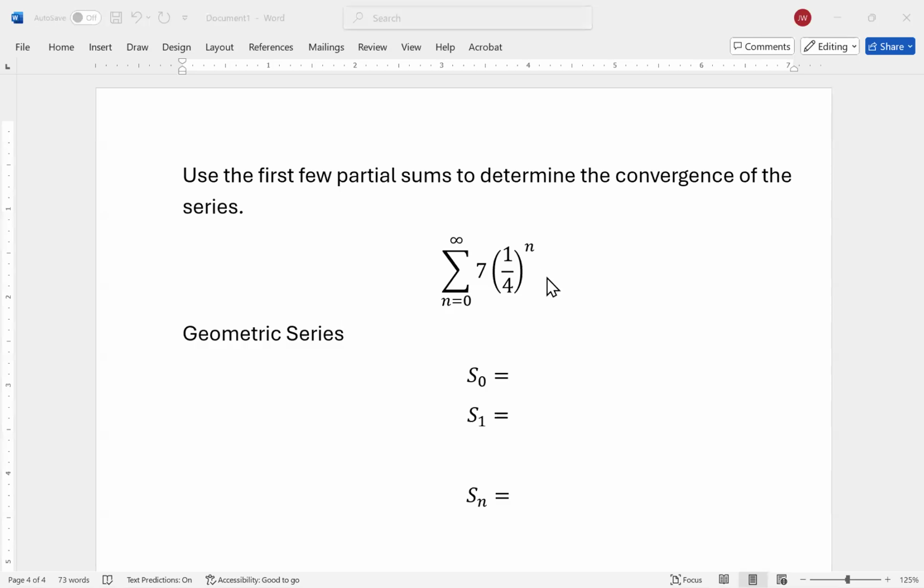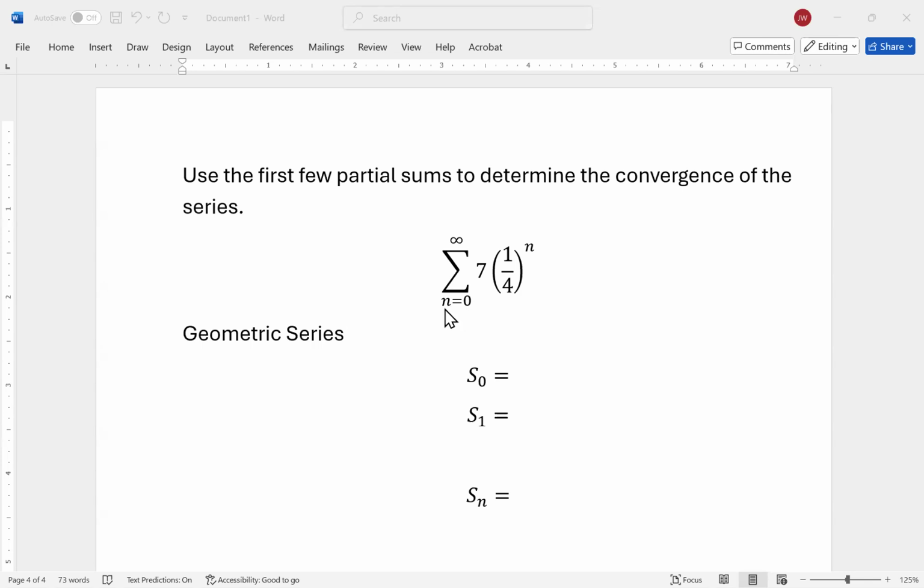Now, the first thing to notice here is that normally in an infinite series, we start our count with n equals 1, but we can actually start our count with n equals any other number. And in this geometric series, it's useful to start our count at n equals 0. We'll see why that is in a little bit.